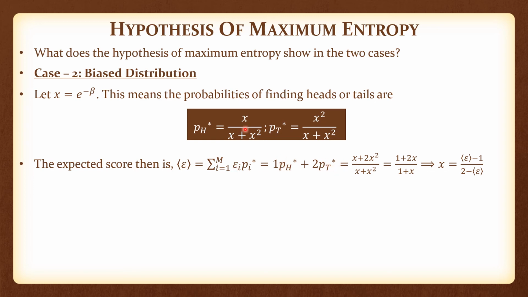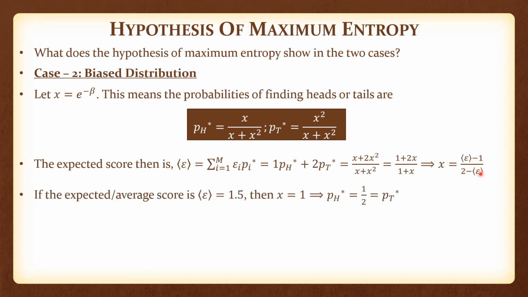So I have x plus 2x square divided by the denominator, which is the same, x plus x square. I can simplify this to be 1 plus 2x by 1 plus x. Then I can solve for x, which is e power minus beta, in terms of the expected value of epsilon. So x is simply the expected value of epsilon minus 1 divided by 2 minus the expected value of epsilon.